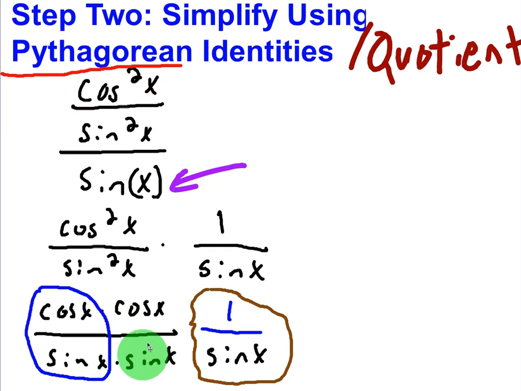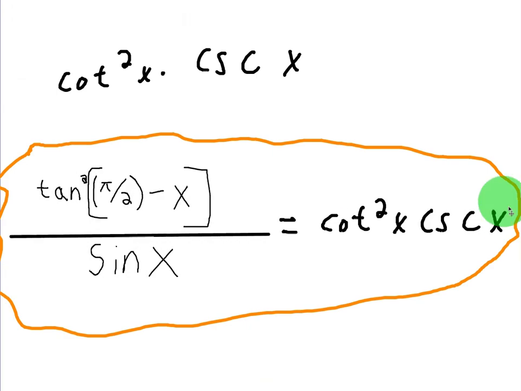I'm just showing you that when we do expand it all the way out, it's good practice to do that. Cosine squared over sine cubed, if we add up the exponents of 2 and 3, that's a total exponent of 5, and we want smaller than that. We can do that because if we keep this as cotangent squared over here, we can just change this to cosecant, which is an exponent of 1, for total exponents of 3.